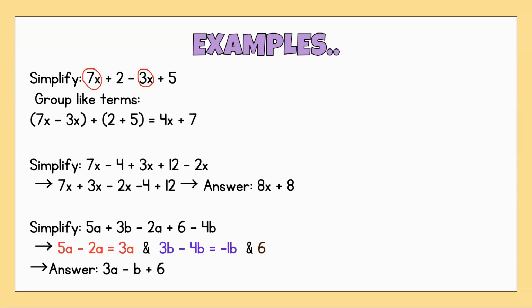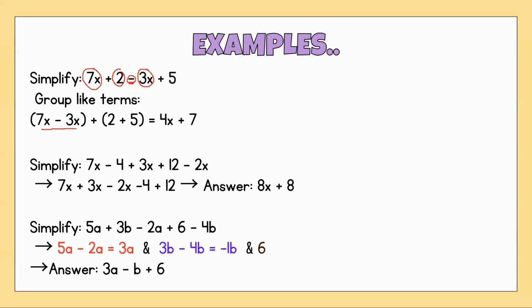You know why I wrote 7x minus 3x and not 7x plus 3x, 7x multiplied with 3x? That's because there is a minus sign just in front of 3x. So that's why I will write 7x minus 3x. I hope you understood.